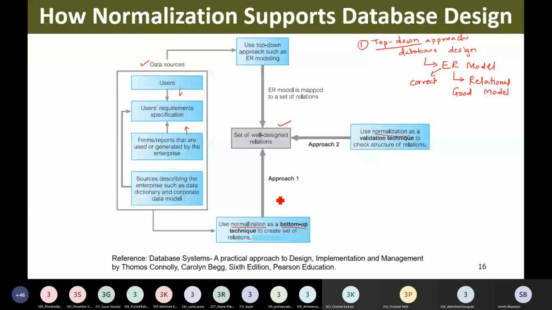In one approach, we have a collection of attributes and we make use of normalization to come up with a set of well-defined relations. In the second approach, the top-down approach, we follow the ER model, we build the relational model, and now normalization is used to validate whether our design is correct or good. So this is how this normalization technique helps us.